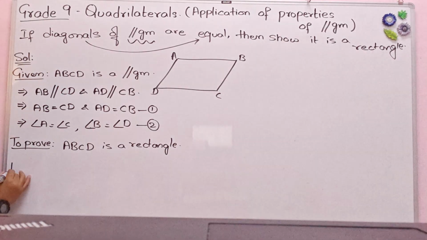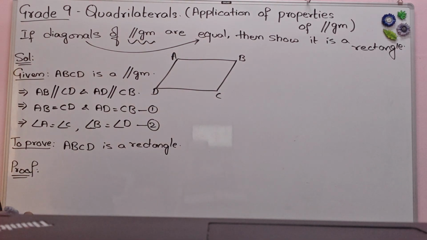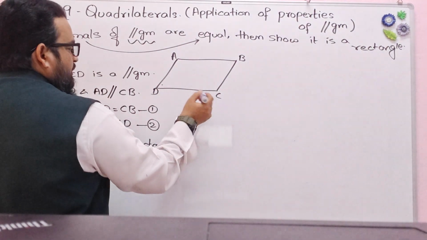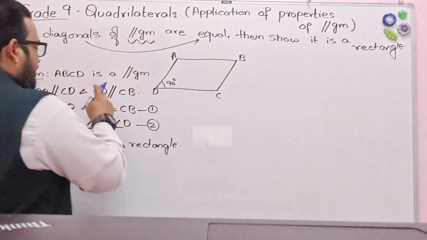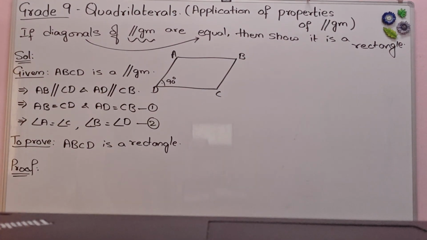Okay, now let us go to proof. See, when you are supposed to prove it is a rectangle, that means you have to prove that these angles are 90 degrees, right? Because we already know that ABCD is a parallelogram. So we have to prove that the angle between the adjacent sides is 90 degrees.